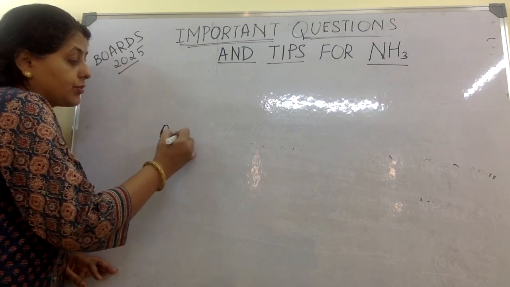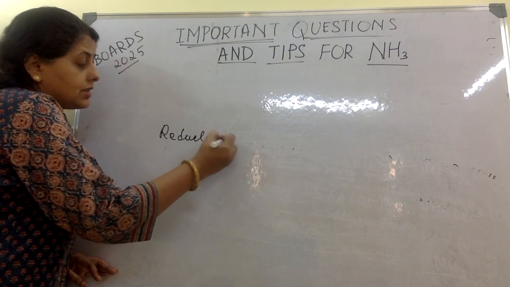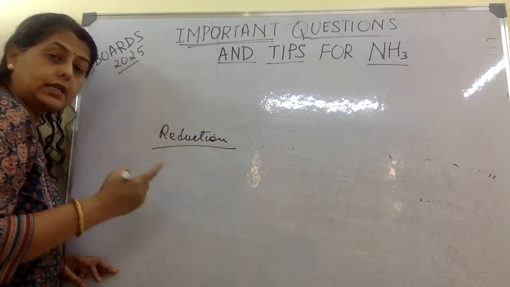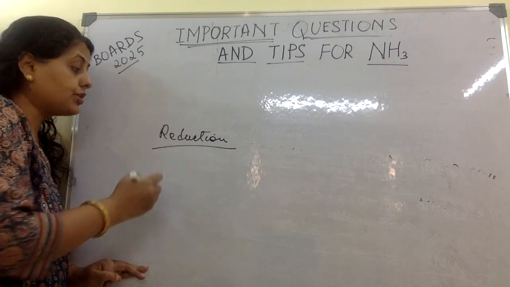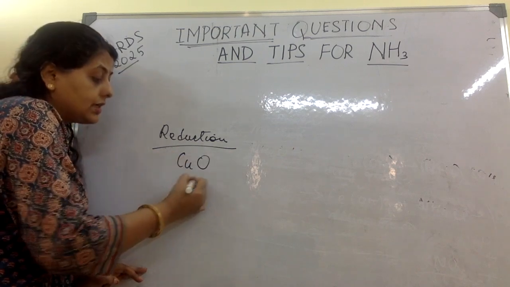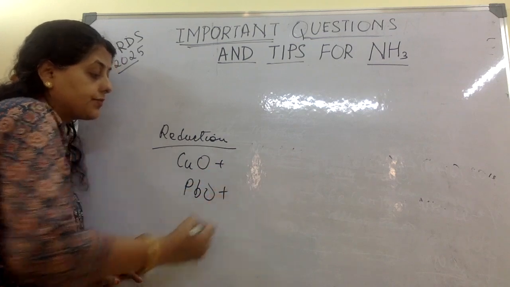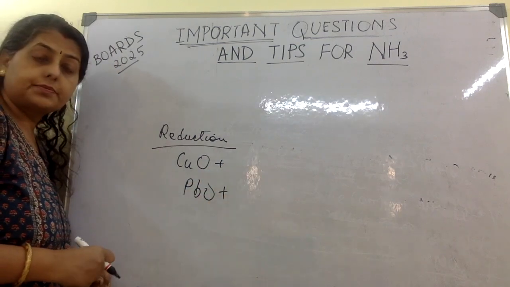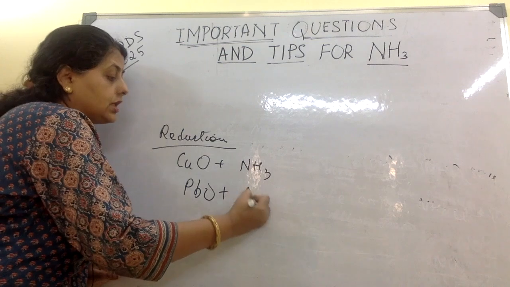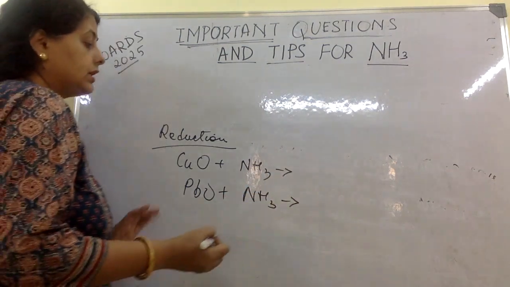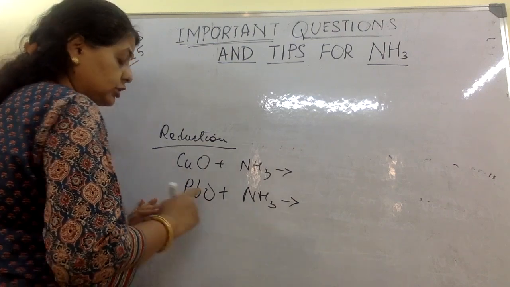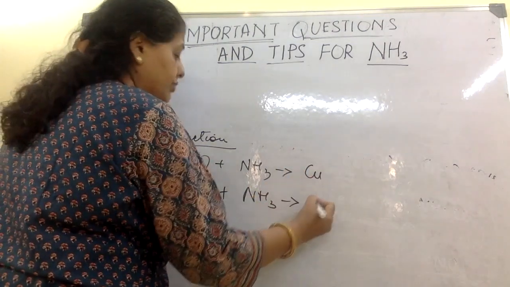Reducing reactions, because ammonia is a reducing agent, like HNO3 is an oxidizing agent. So ammonia is a reducing agent. Here I have copper oxide and PbO plus ammonia. I'm writing like this because it helps to remember. If it is reducing, it will be reduced to metals.